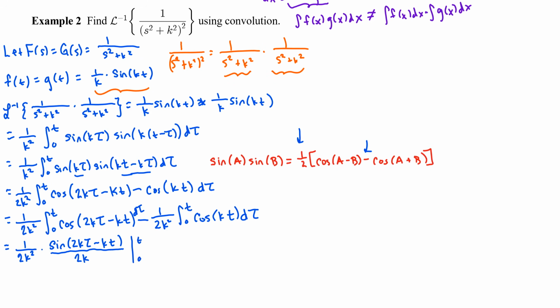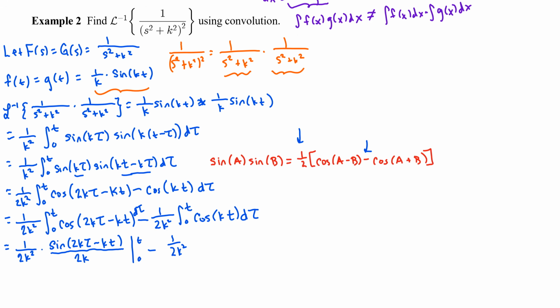Okay? Working on our second antiderivative, we're going to integrate cosine of kt with respect to tau. Now be really careful on this one. This one's tricky. My variable of integration is tau, and my argument kt is then constant. So cosine of kt is constant with respect to tau. So to integrate a constant, I end up with the constant times the variable tau.